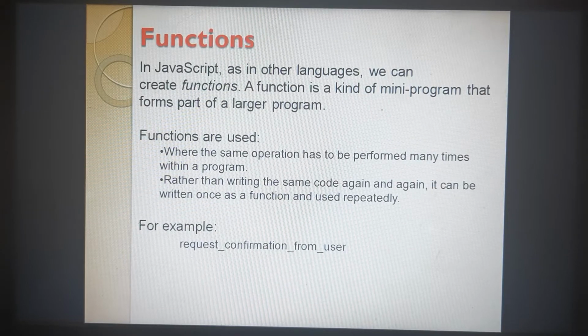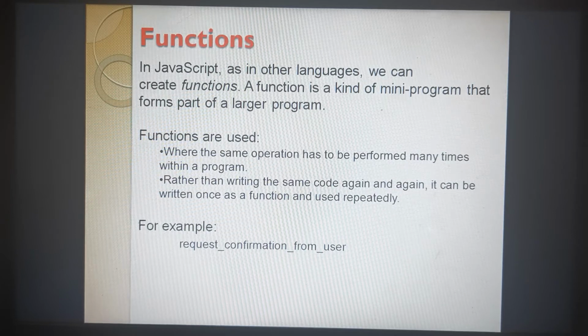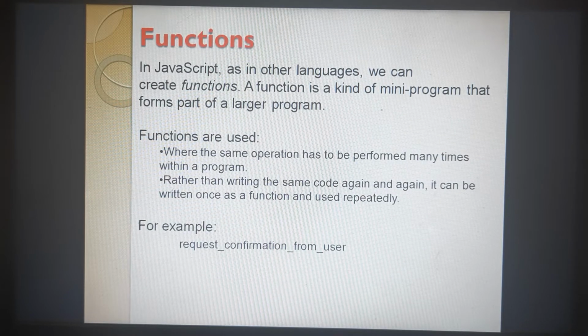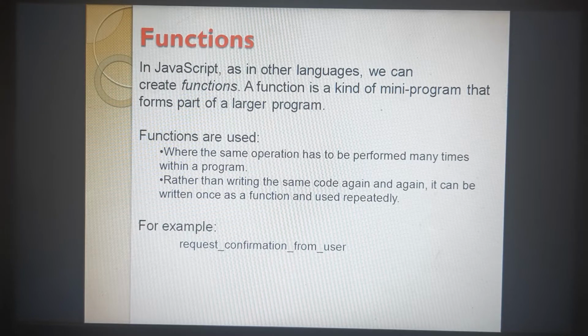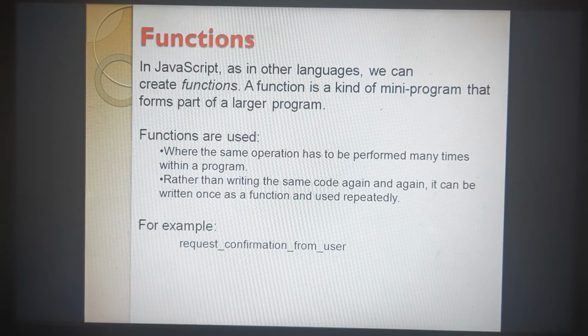Say 1000 users are accessing your page. You need not write the same code 1000 times. Once you write that code in a function, that function can be used repeatedly, multiple times. So this is one example.